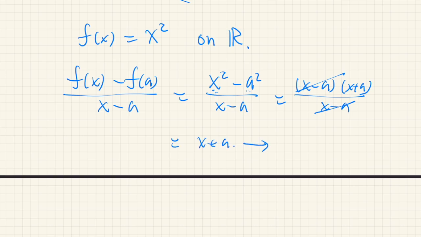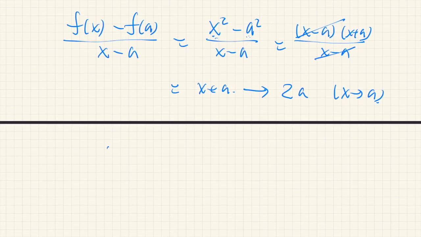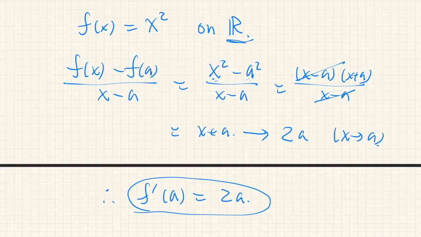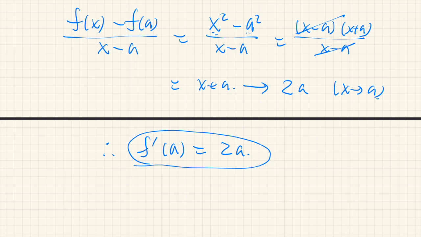This converges to 2a as x goes to a. Therefore, the differential coefficient at x equal to a is 2a. In fact, we can find this everywhere on the real domain, so the derivative of f of x is just 2x, as you know already from high school.